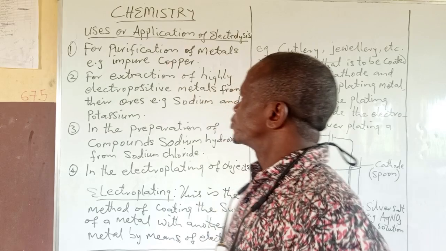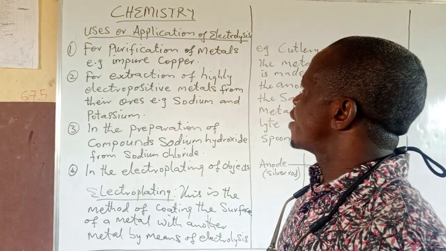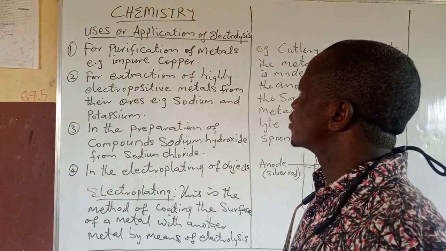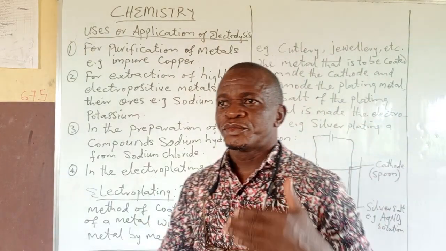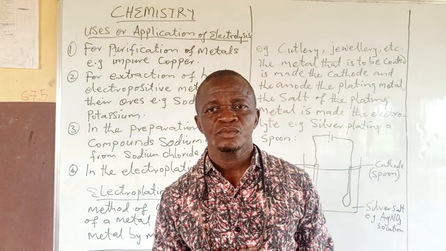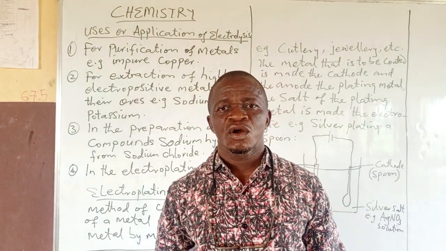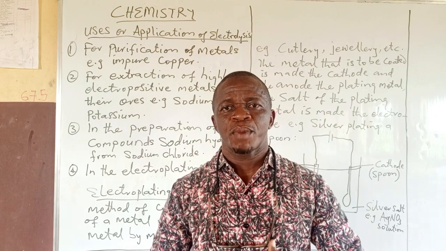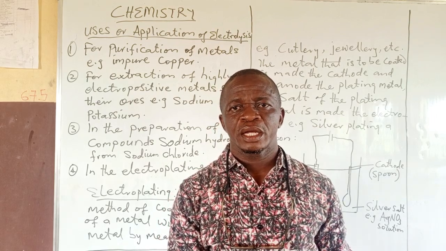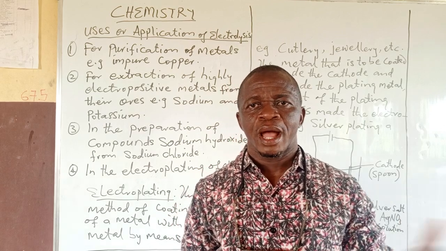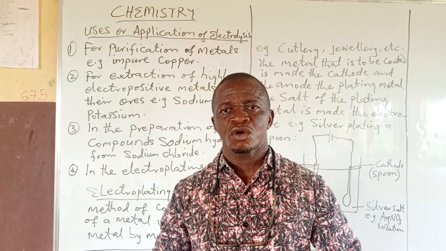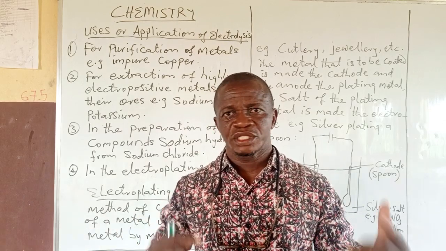Number one point there is for purification of metals. From this electrolysis that we have been doing before now, you can recall when we were dealing with copper, purifying copper using impure copper to be our anode, pure copper to be our cathode, and then we use the copper salt and then connect electric current into it.